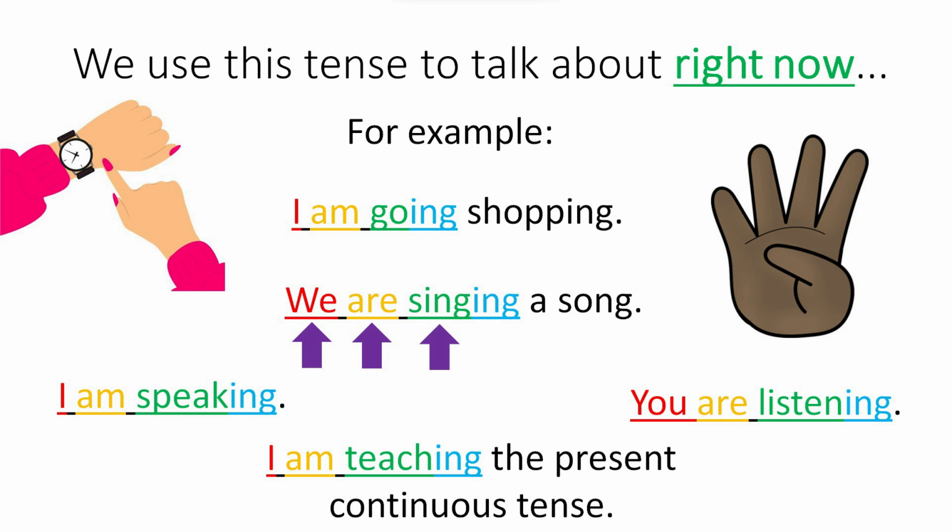Just the simple root verb. It's the shortest form of the verb. And then we need to add ing to the verb, which is in blue. For example, singing, going, listening, speaking, or teaching.